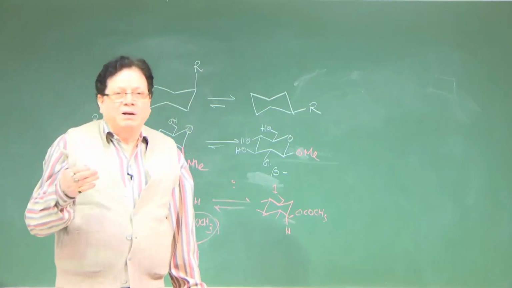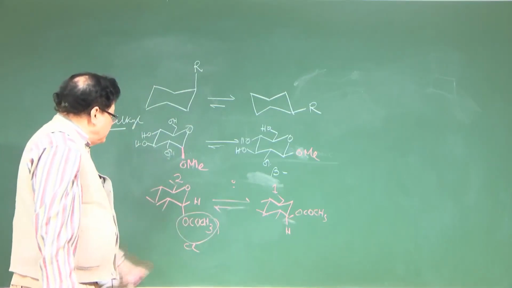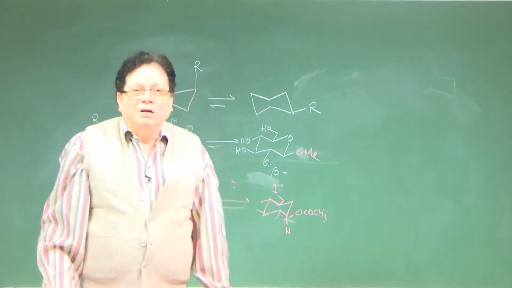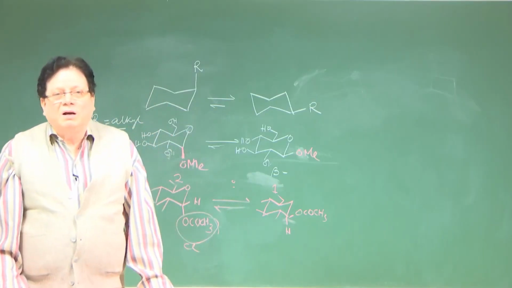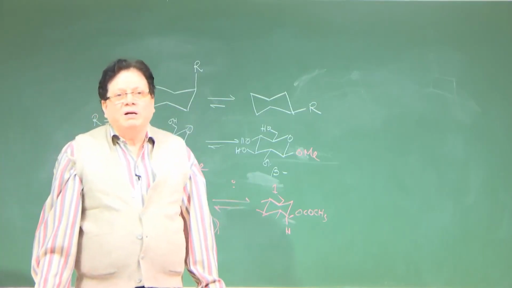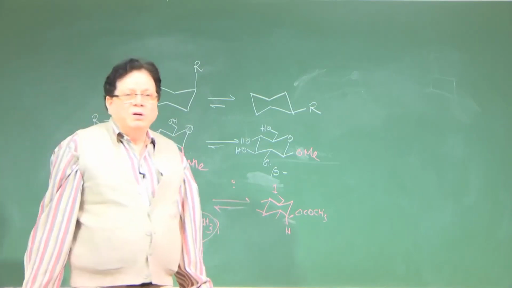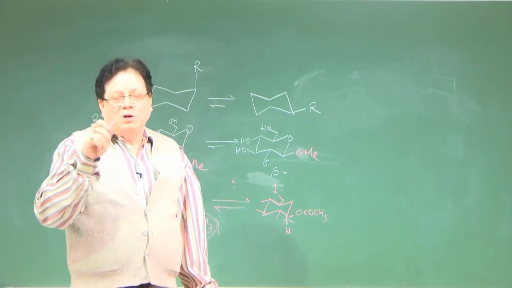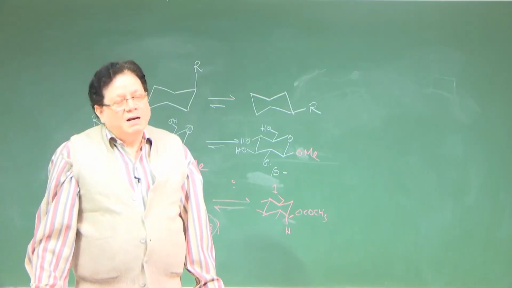So, something happened when you have a polar group like Cl, methoxy or acetate attached to this carbon. By the way, this carbon is known as the anomeric carbon. The anomeric carbon is basically the original aldehyde carbon, which is converted into a hemiacetal by intramolecular cyclization.